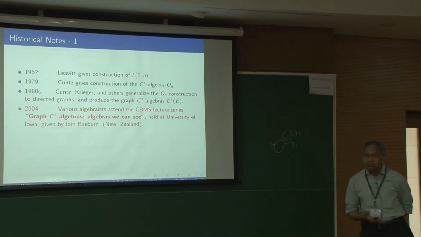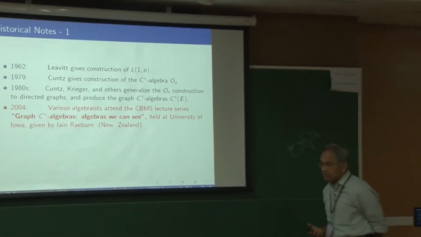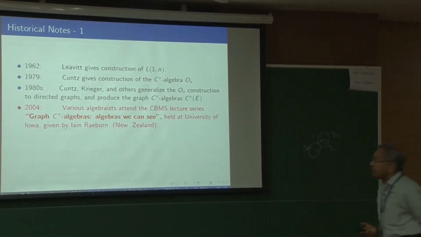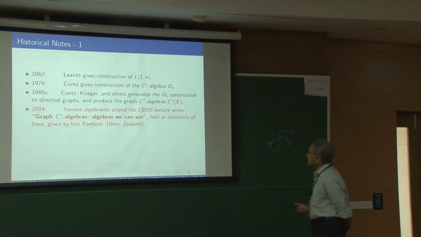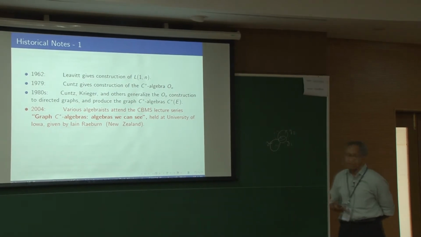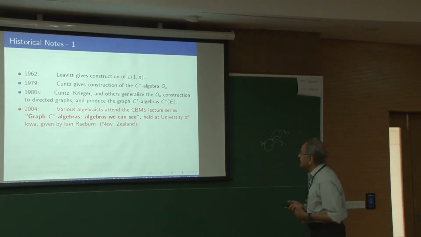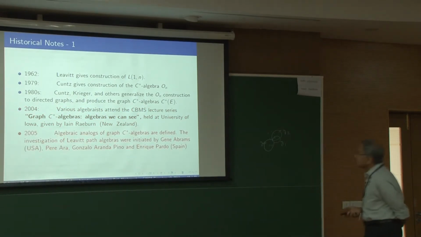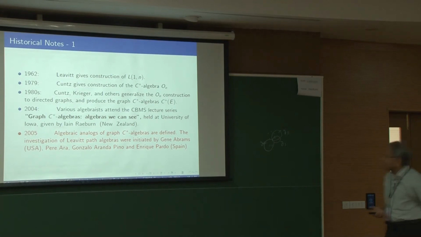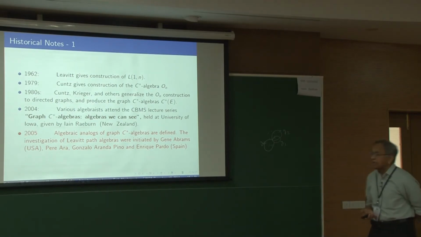In 2004, the American Math Society arranged the so-called CBMS lecture series where Professor Iain Raeburn from New Zealand gave an overview of the topics on graph C-star algebras. It was attended by a number of algebraists, and that triggered the algebraic analogs of graph C-star algebras. These were investigated initially by Gene Abrams and colleagues, then Pere Ara, Gonzalo Aranda Pino, and Enrique Pardo, who were all from Spain.